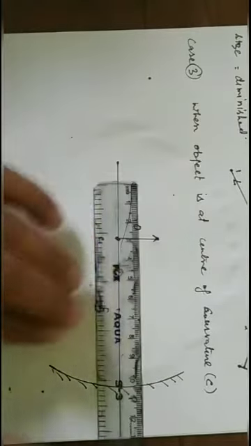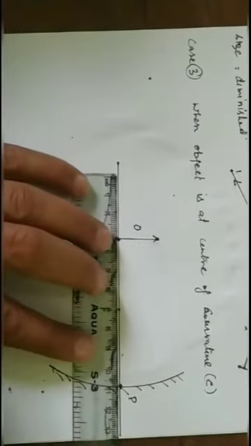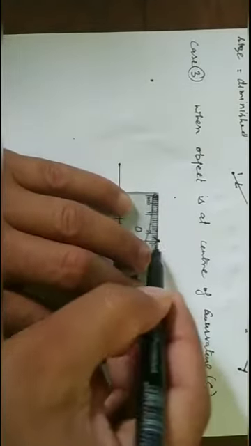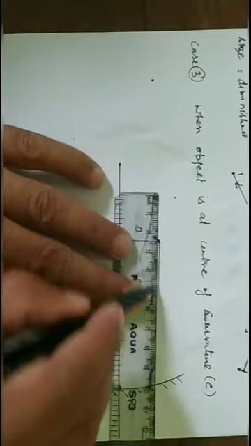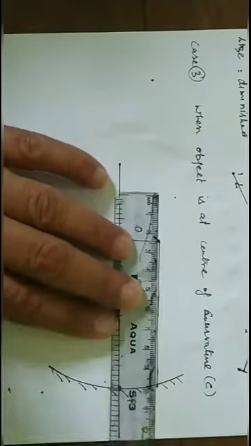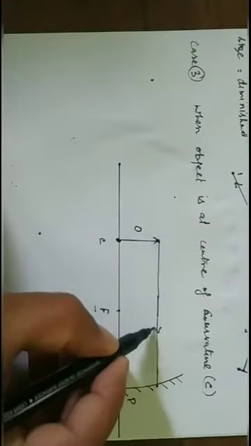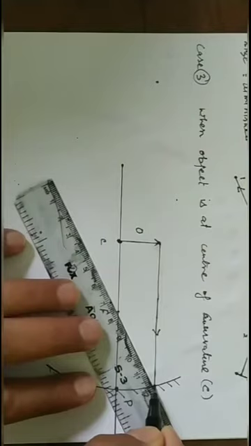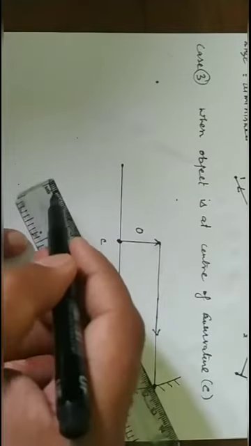Now I will draw the two rays whose rule is known to me. The first rule is that any ray parallel to the principal axis, so I'll draw a ray parallel to the principal axis. This is our incident ray, and the reflected ray will pass through the principal focus.